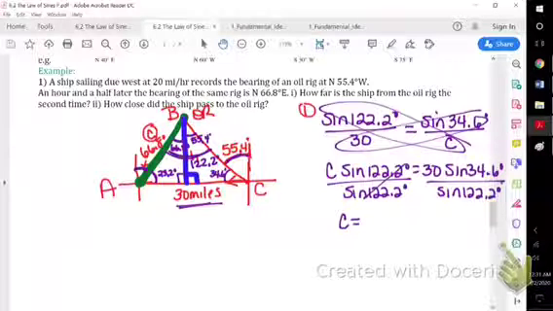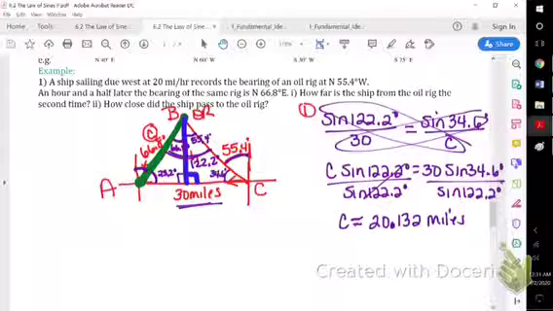And so in our calculators, we're going to put 30 times sine of 34.6 divided by sine of 122.2. And that should give you approximately 20.132, and this is in miles.